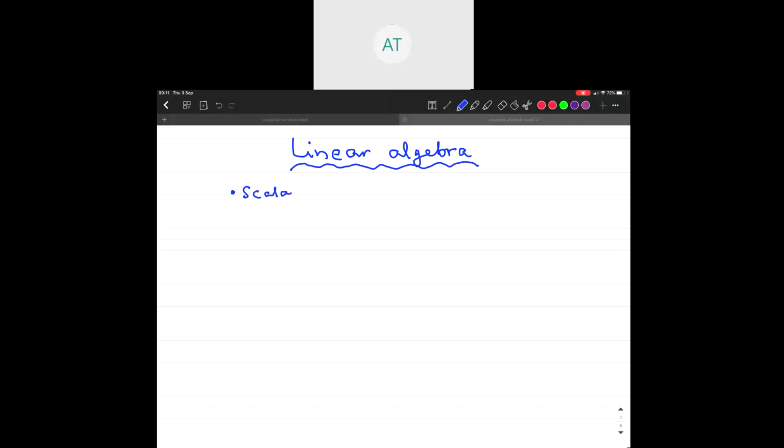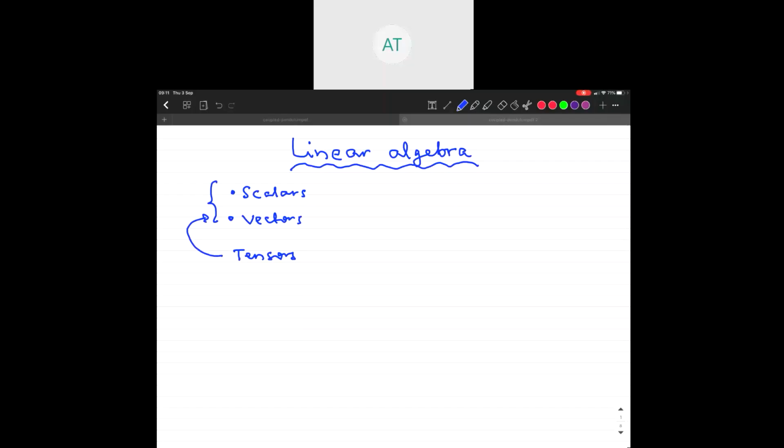You should be aware of scalars, you should be aware of vectors, and you should be aware of a kind of more universal object which we call tensors. Tensors are objects which are a more general form of scalars and vectors.